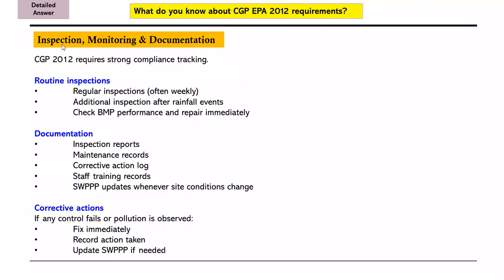Then we have inspection, monitoring, and documentation. CGP requires strong compliance tracking because we have a lot of requirements as a sustainability engineer or manager. We have to make the inspection after every 15 days as per CGP requirements, with evidence like checklists, photographs, time stamps, camera photographs, and a lot of things.